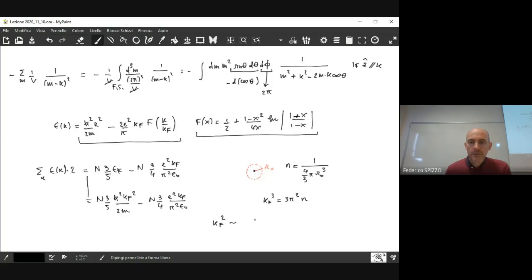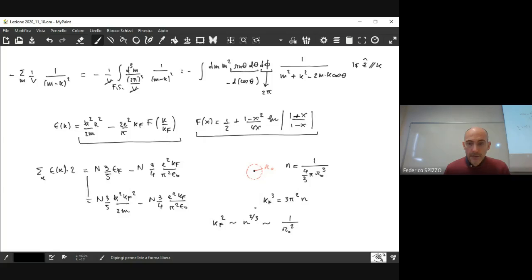is proportional to the electronic density to the power of 2 divided by 3, because Kf is proportional to the cubic root of the density. So this is proportional to 1 divided by R0 to the power of 2, because the density is inversely proportional with the cubic power of R0.